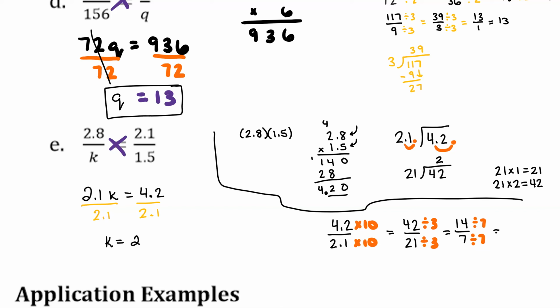So that gives me 2 over 1. So it still comes out to 2. You've got some options when it comes to division, if you want to do straight division, or if you want to use it as a fraction with the simplifying.